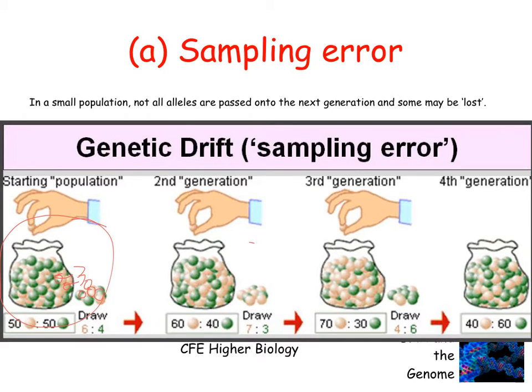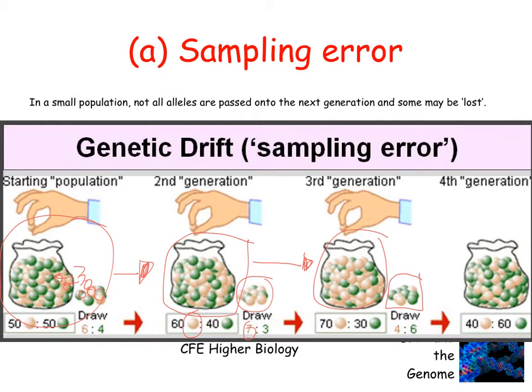So you get a second generation here where there are more beige alleles. There's been a drift here towards the beige alleles. And then here the same sort of thing happens. More beige alleles get selected, and so you get a drift here towards more beige alleles in the population.